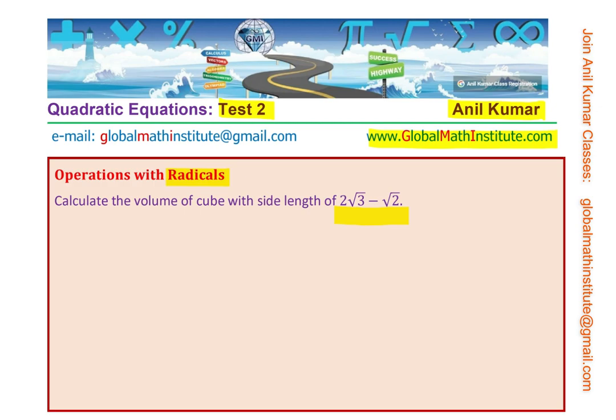the volume? Well, the volume is product of sides, right? So in this case, the volume will be equal to 2 square root 3 minus square root 2 whole cube, right? That is what the volume will be. You'll multiply this by itself, right? 3 times.